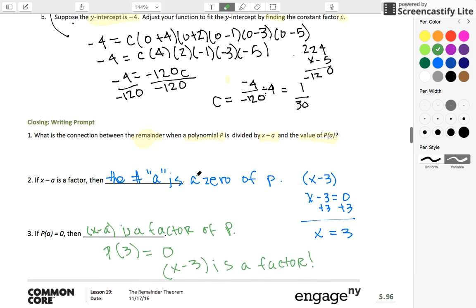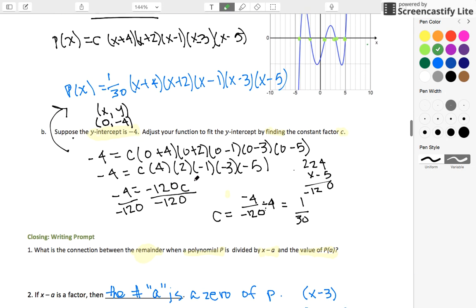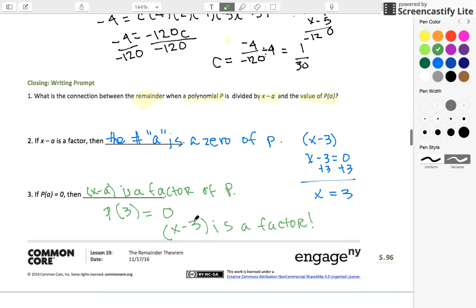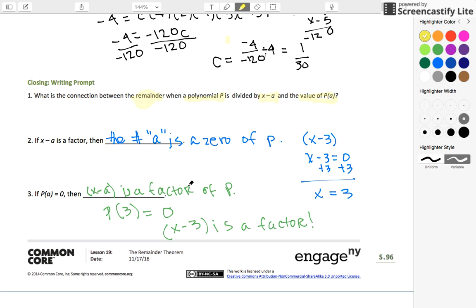Okay, so in this case, we have x minus 3, for instance. We already know that it's going to be a factor. I'm just proving right here, if we take the number, in this case, it's just the 3. When we take the number a and substitute it into the function, and if we get 0 as our answer, then we can say, yes, that's a factor.